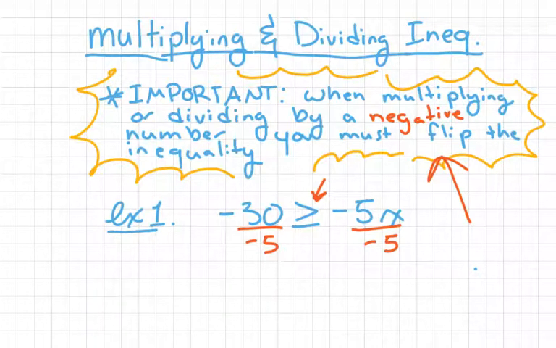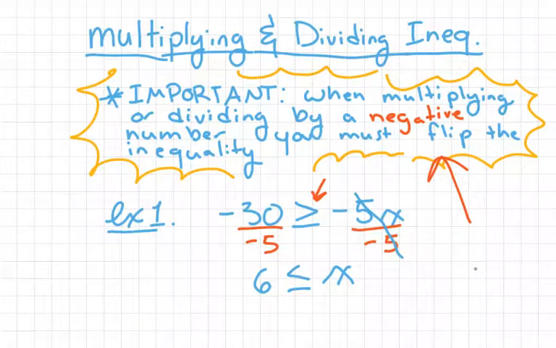So my new answer is going to be, well, negative 30 divided by negative 5, that's a positive 6, right? A negative divided by a negative is a positive. I'm going to have to flip that inequality, so instead of a greater than or equal to sign, I'm going to have a less than or equal to sign. These cancel out, and I'm going to be left with x on the right.